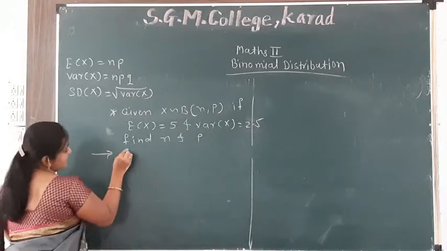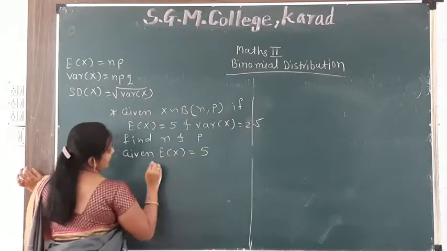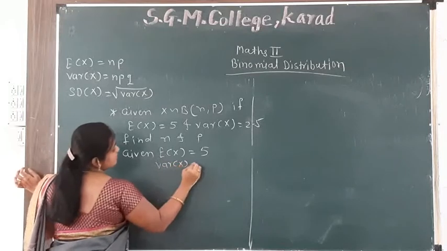So, what is given here first? Given E of x is equal to 5 and variance of x is equal to 2.5.